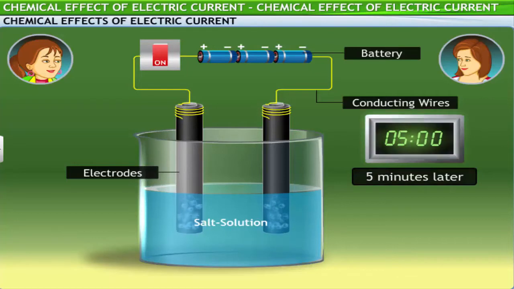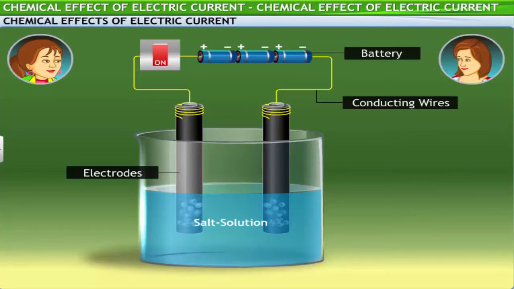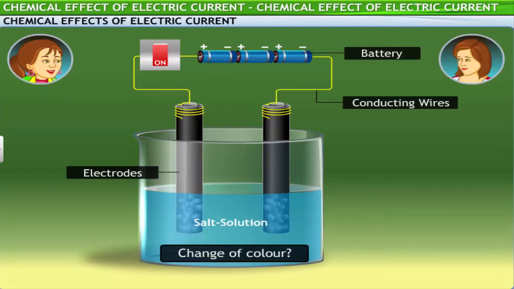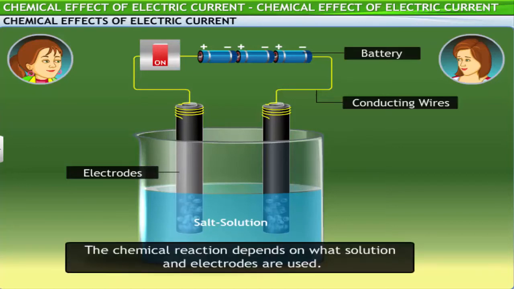Oh look! There are gas bubbles forming at the surface of the carbon rods. But Jean, there seems to be no change in the color of solution or the carbon rods. Well, I guess that's because the chemical reaction depends on what solution and electrodes are used.